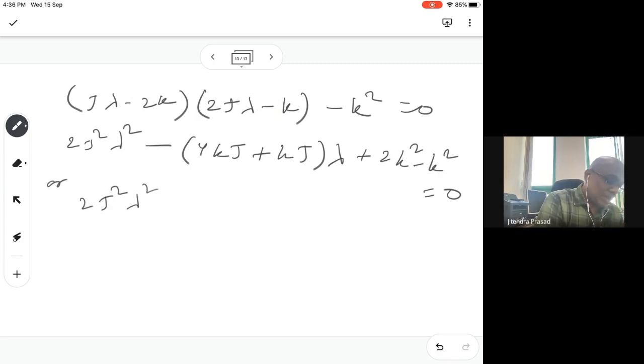2J squared lambda squared minus 5KJ lambda plus K squared equal to 0. And from here we can find lambda.